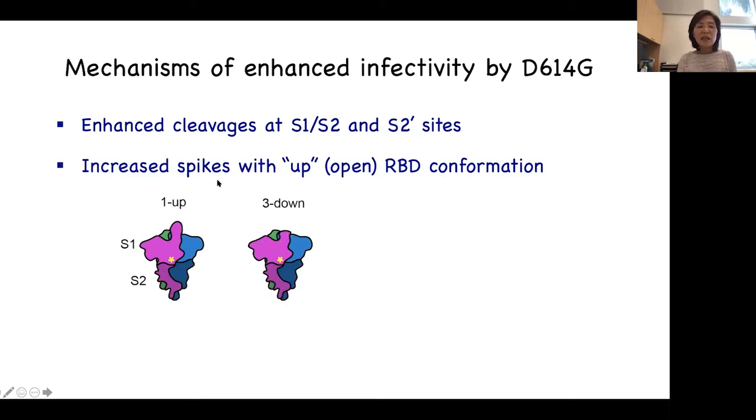The second one is that D614G increases spikes with the one-up RBD conformation.